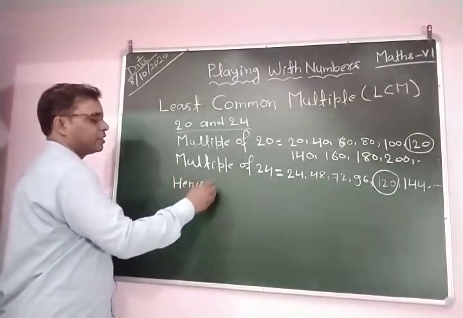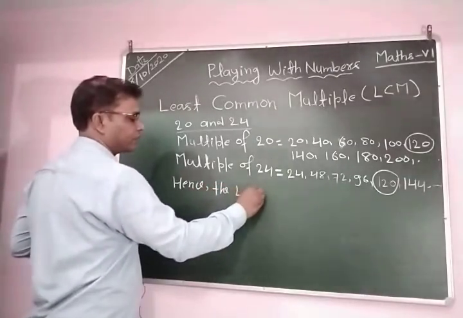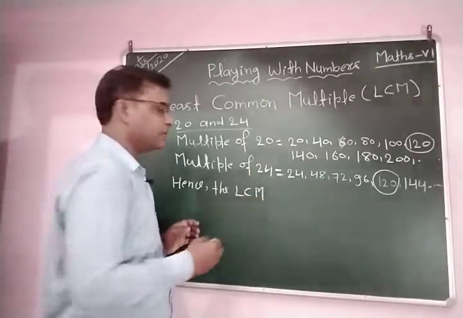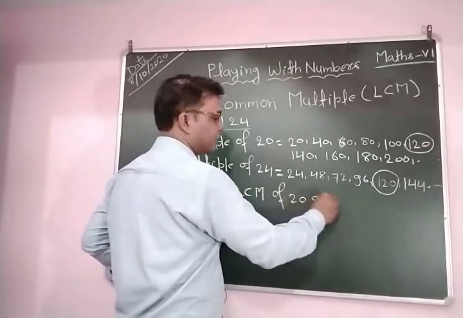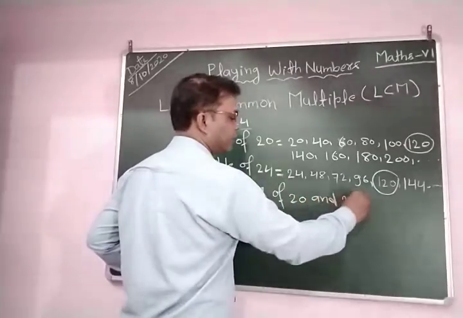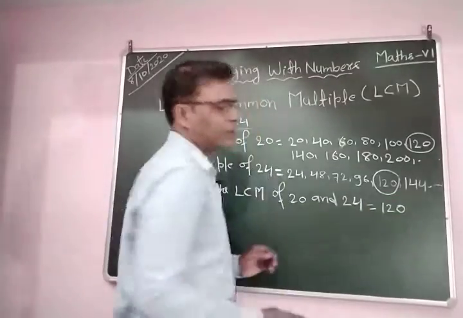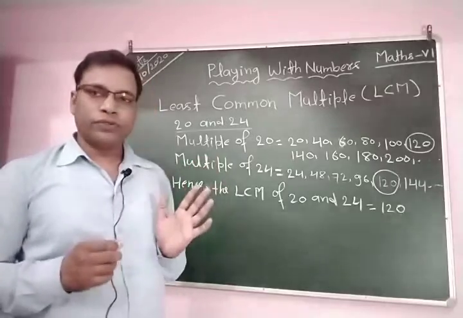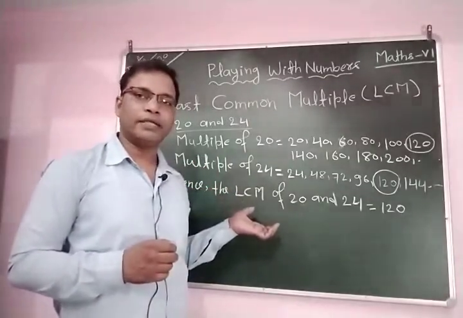Hence, the LCM, which means least common multiple or lowest common multiple, of 20 and 24 is equal to 120. So students, I hope all of you understood how to find the LCM.